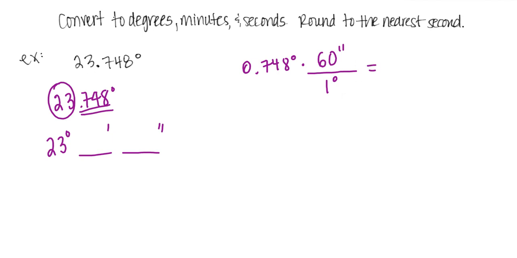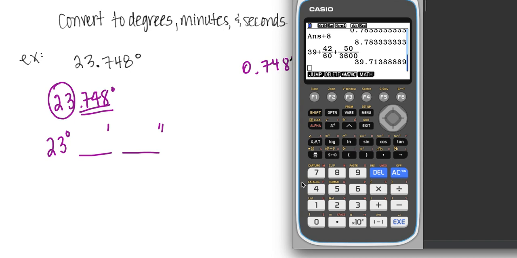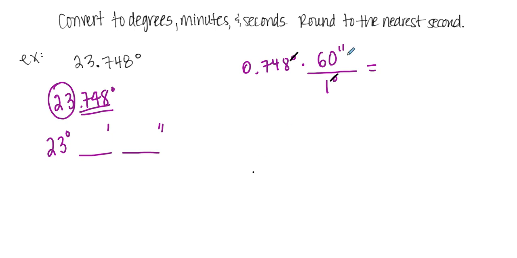So now look at what happens. Our degrees cancel out, and we're going to get about 44.88, but I'm going to need my calculator here. So I have 0.748, I multiply by 60, and that gives us exactly 44.88.